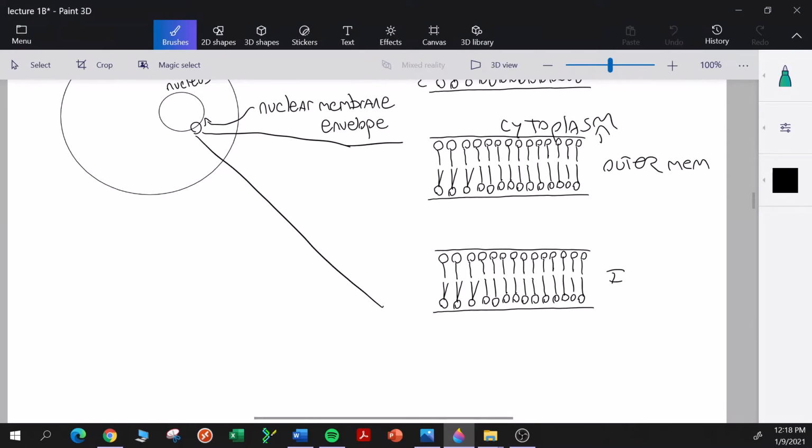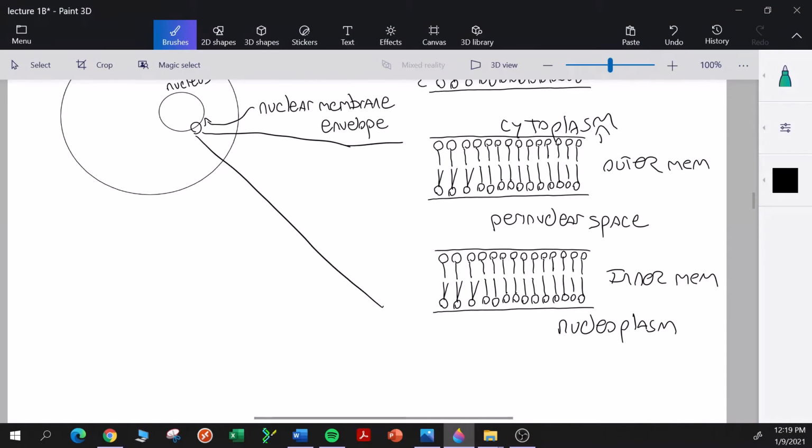Inside of the inner membrane, we will have the nucleoplasm. That's all the fluid and stuff that's inside the nucleus. In between these two membranes, there's a space called the perinuclear space.